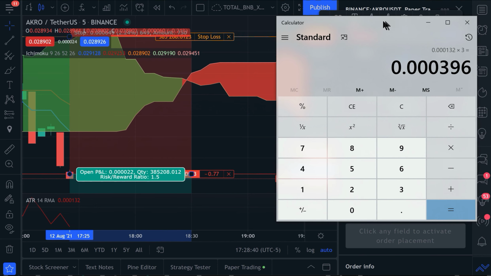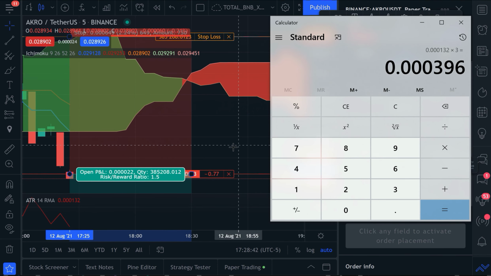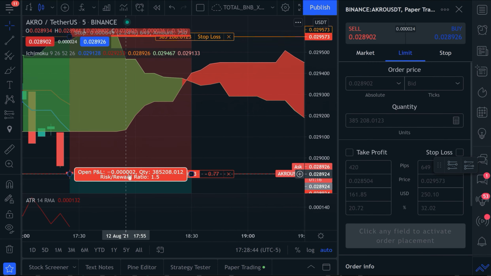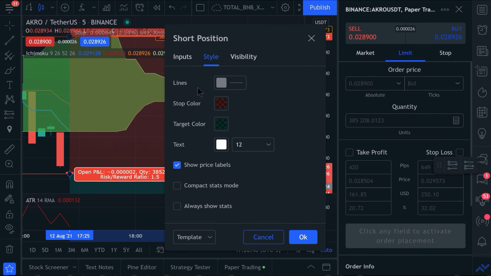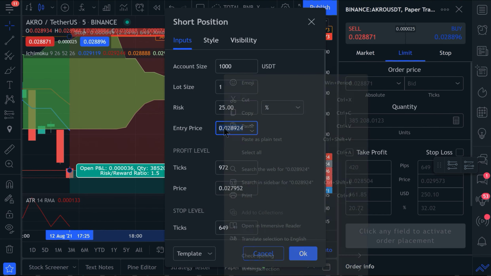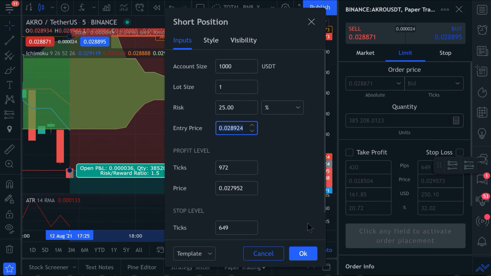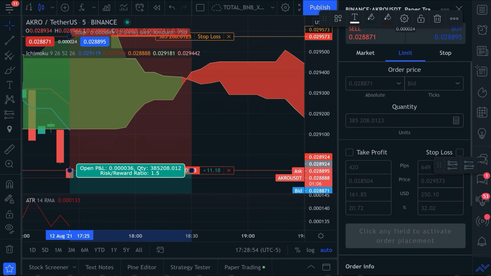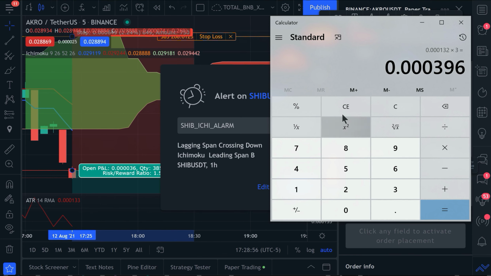You don't see it here. Let's see this way. This price. Then calculator. We have a Shiba alarm.